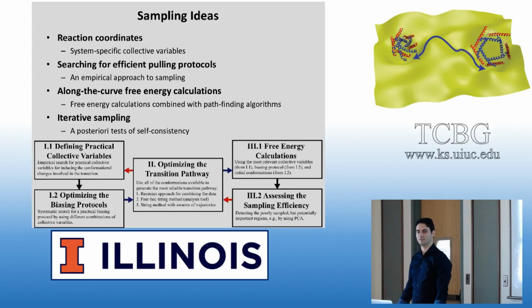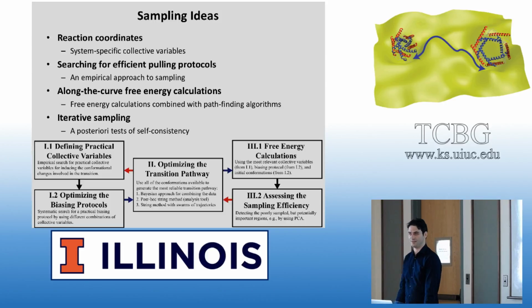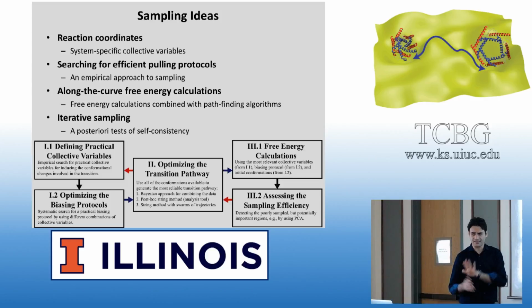If your collective variable is a multi-dimensional one, if you have like 32 collective variables in the space in which you are doing your free energy calculations, although it's along one single path, WHAM would not be the right method to use there, because it asks you to build a histogram in a 32-dimensional space. But you can use a non-parametric reweighting scheme, such as MBAR and related methods. And I will mention some of those methods later. So that's something people do.